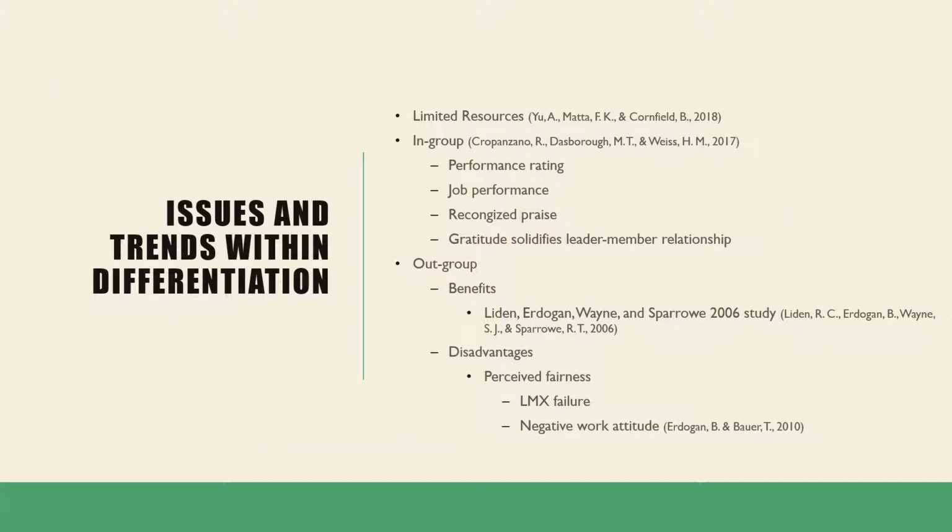As a leader, separating out your followers into in and out groups definitely has its benefits, but it can be a very messy process. Here we'll look at some of the issues and trends of categorization or differentiation. Although leaders want to establish positive relationships with all of their subordinates, this isn't possible all the time. You don't have time as a leader to develop every single one of your followers.